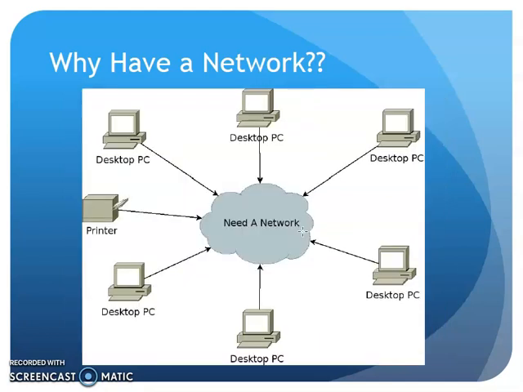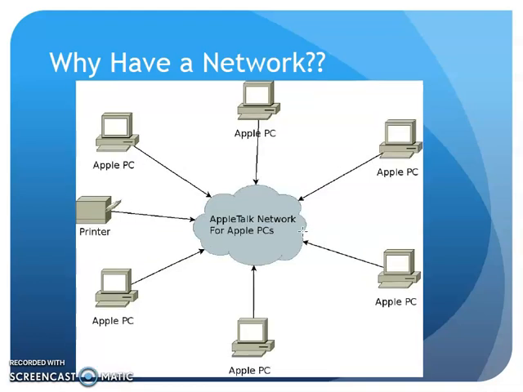So most businesses at this point were like, hey, we need a way that we're not having to move these things around manually. We need some kind of way that we can move this data around. We need a network. Well, in the 70s time frame, everything was very proprietary. So if you had Apple computers, you built an Apple network using Apple cabling, Apple protocols to connect your Apple computers together.